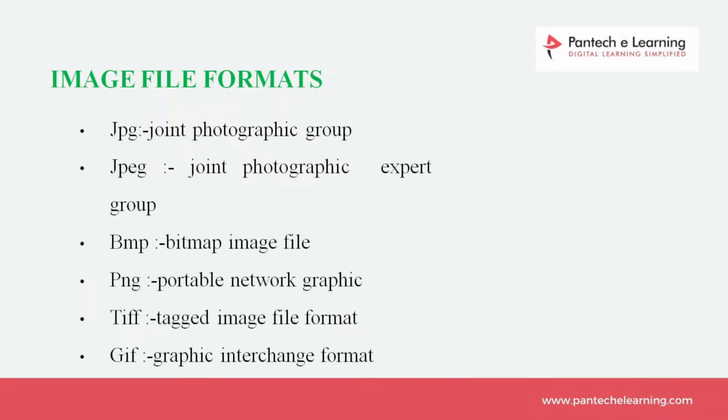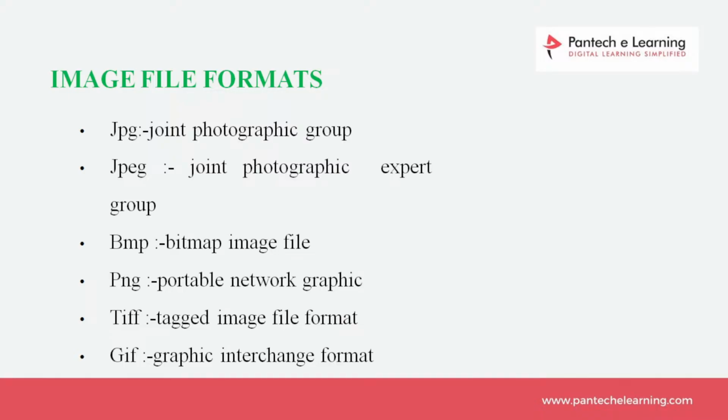Because the quality of the picture will increase or decrease based on these extensions. If you want to share a picture, sometimes it may be 140 KB, 100 KB, or even 1 MB. So what is the difference between them? It is the quality of the picture based on the different formats.